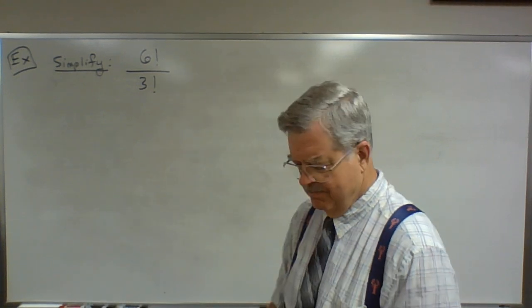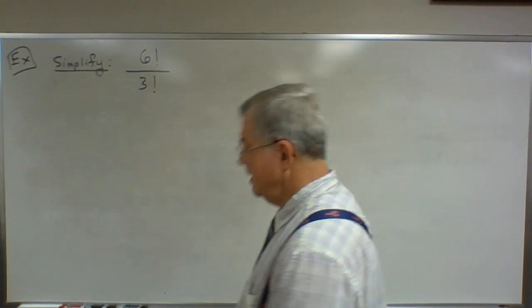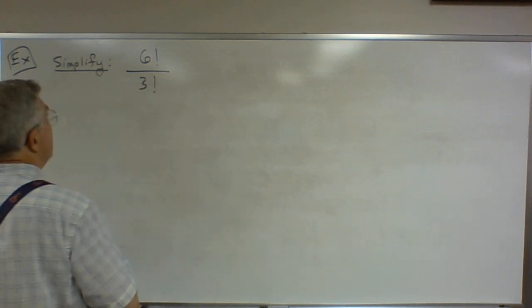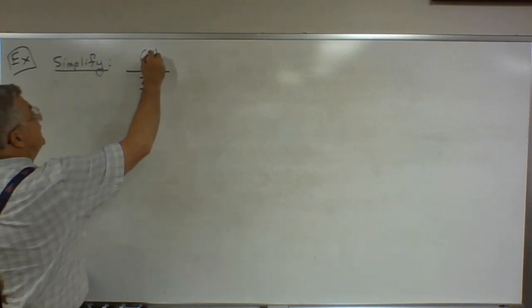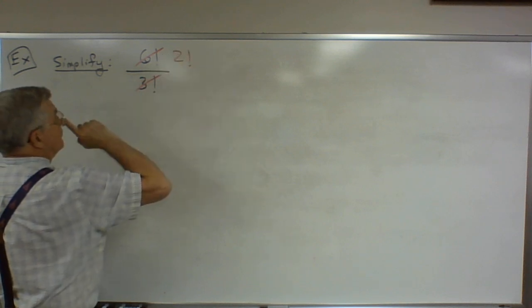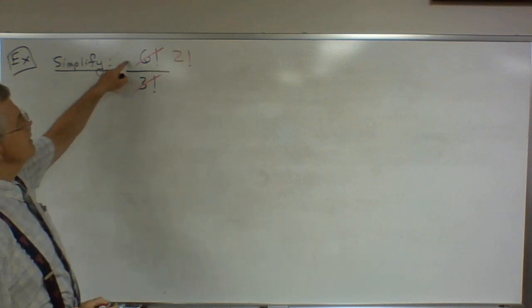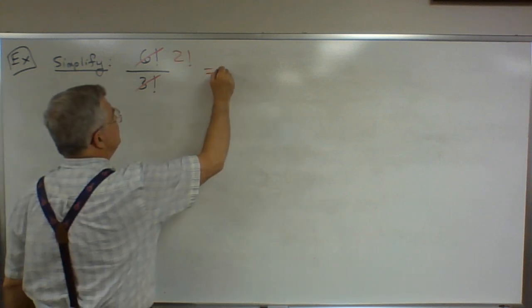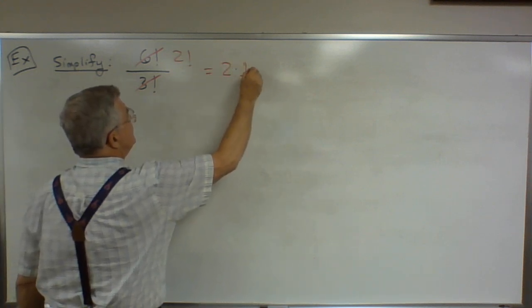It ought to work, but it doesn't. What I'm thinking is cancel. Yep, yep. Divide top and bottom by 3 factorial. We get 2 factorial, which is 2 times 1, which is 2.